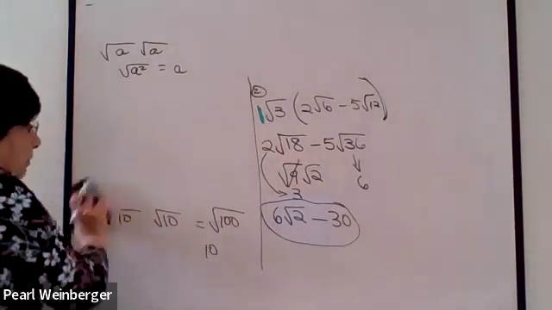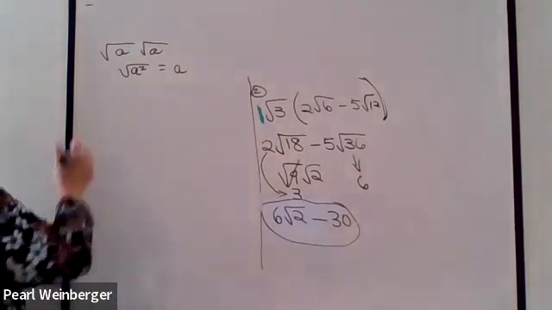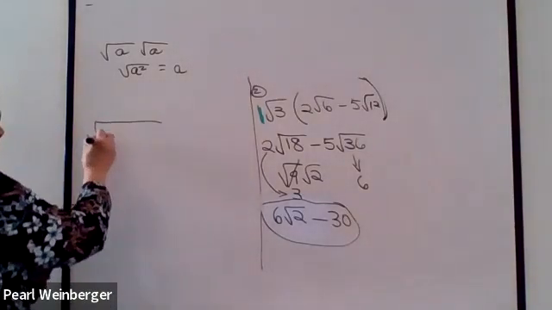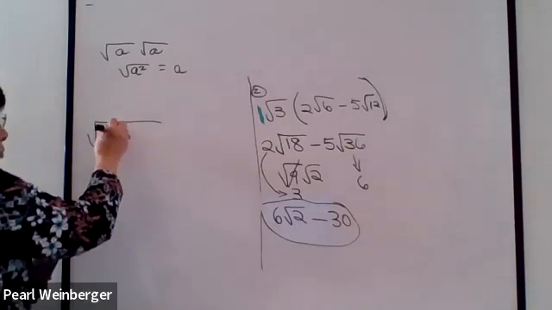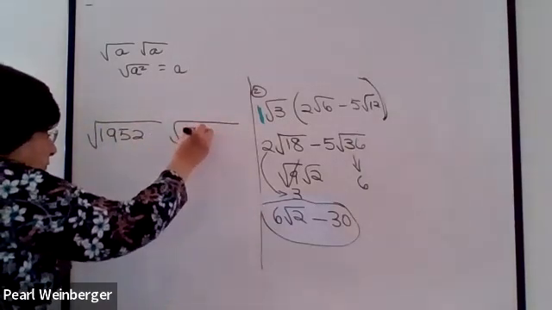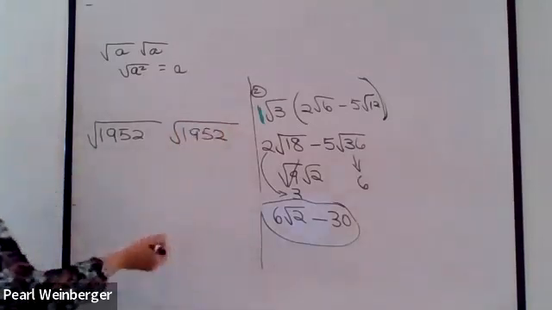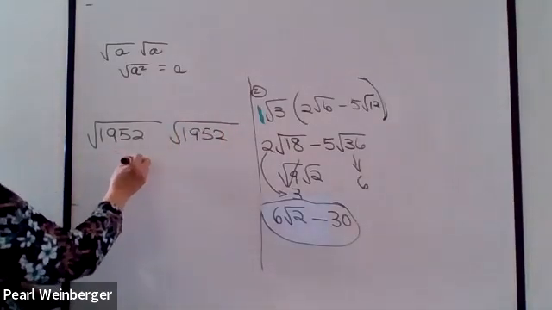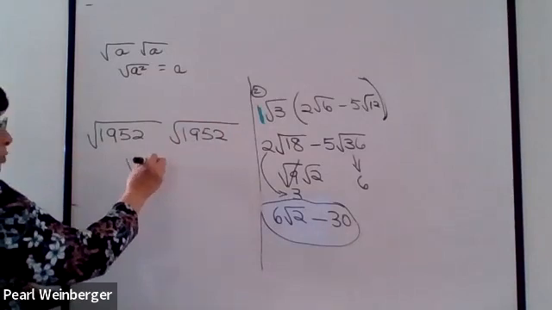I'm so sure of this that if I did the square root of 1,952 times the square root of 1,952, I know exactly what that answer is going to be. It's going to be 1,952.